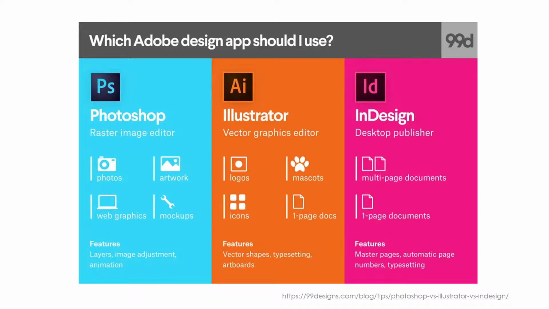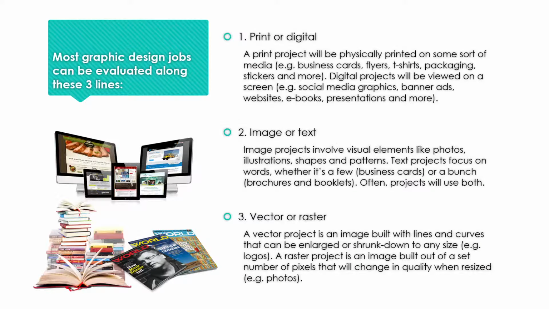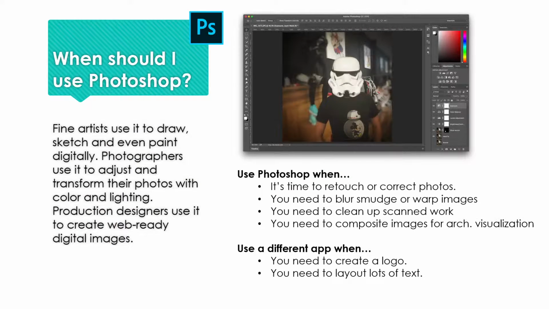What I have here is from 99designs.com, a great website for designers. It's just a quick guide chart of what you do with which program. You use Photoshop when you need to touch up or correct photos, blur, smudge and warp, or composite images.